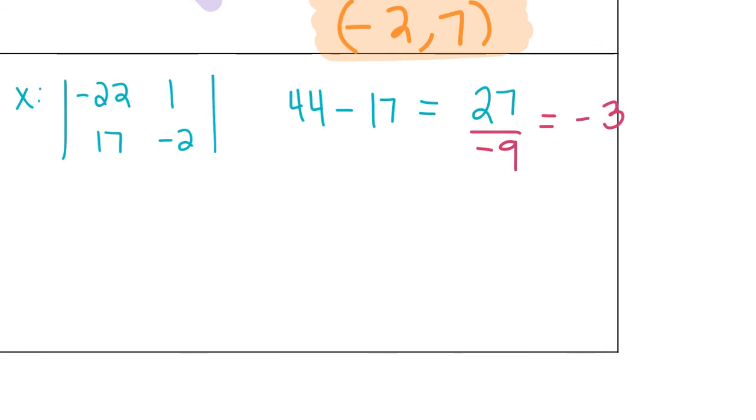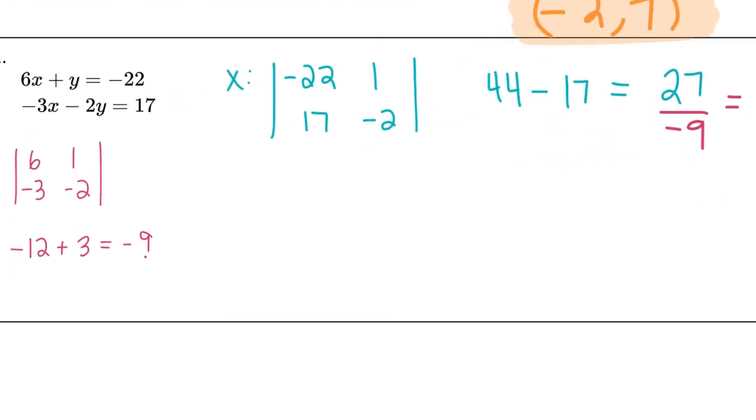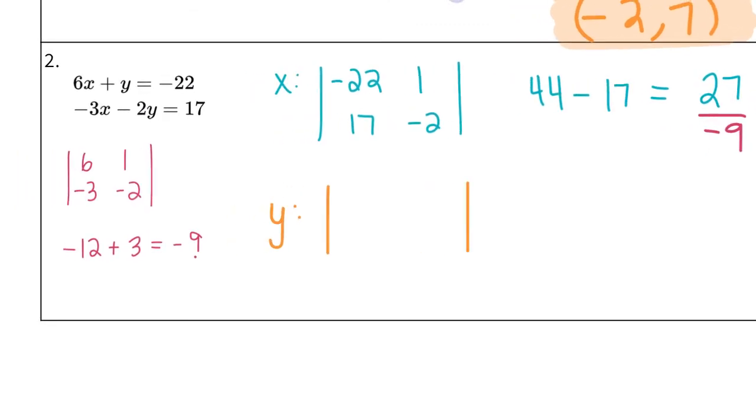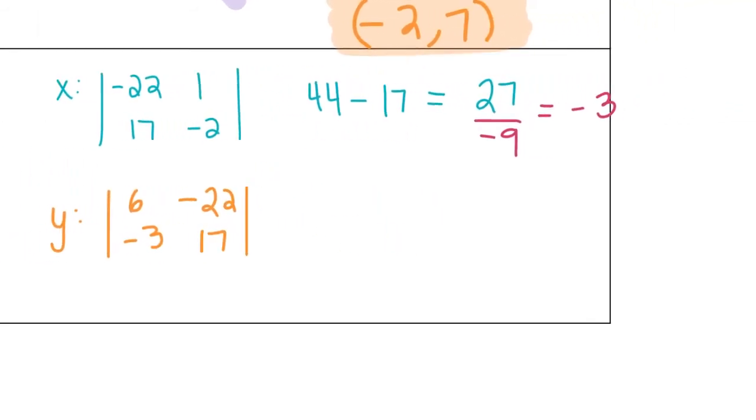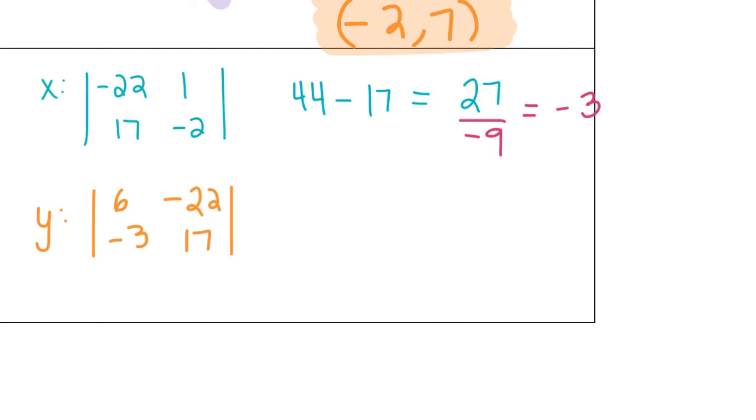Okay, now let's do y. Okay, so this time, the first column is going to stay the same, 6, negative 3. But the y column, we're going to change it to negative 22, 17. So let's find the determinant by doing our diagonals. 6 times 17 is 102.